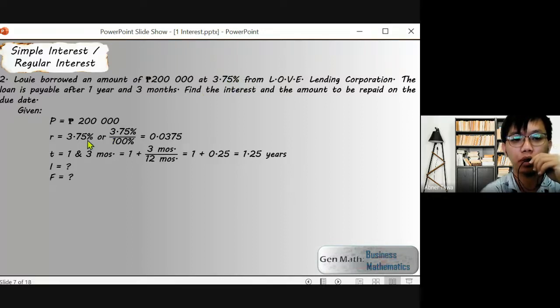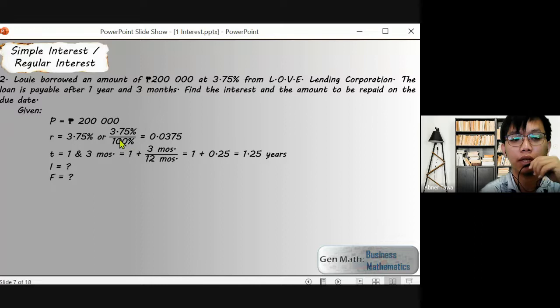So that will be 3.75%. Or you're going to rewrite this to its decimal form. So that will be 3.75% divided by 100%. So always remember to rewrite a certain percentage to its decimal form, just divide it by 100%.